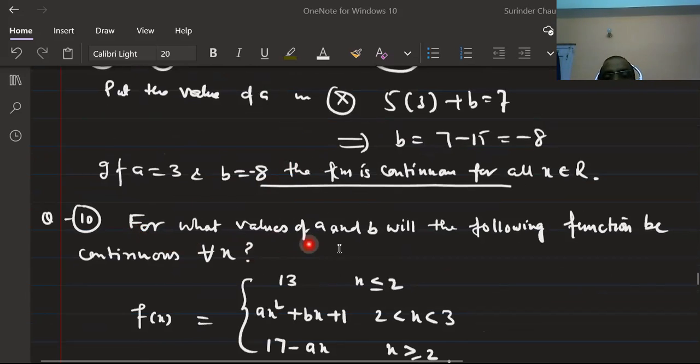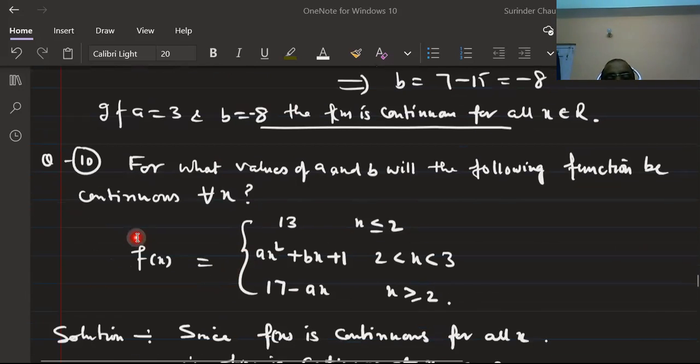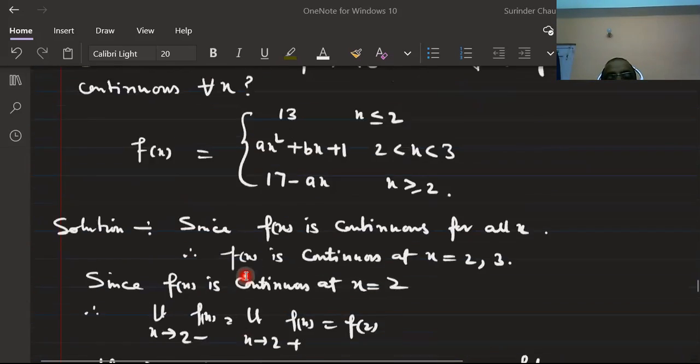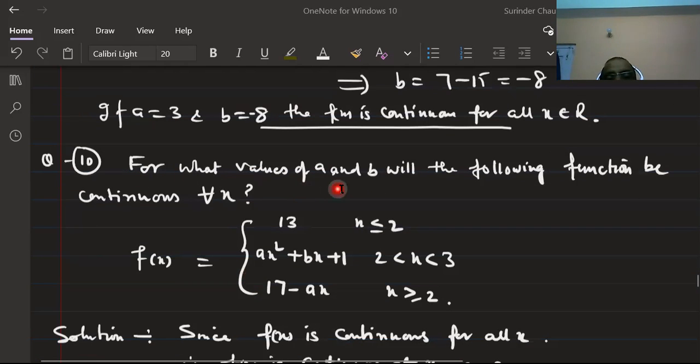Next is: for what values of a and b will the following function be continuous for all x? This is the question: f(x) equals 13 if x is less than or equal to 2, ax plus b plus 1 if 2 is less than x is less than 3, and 17 minus 2x otherwise.